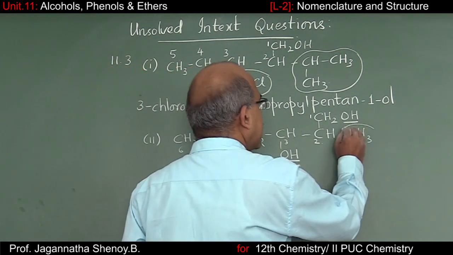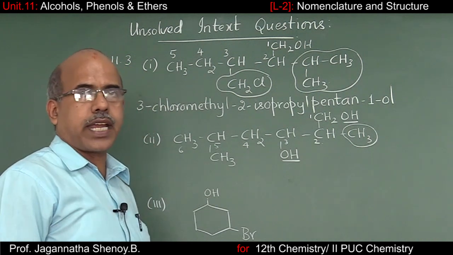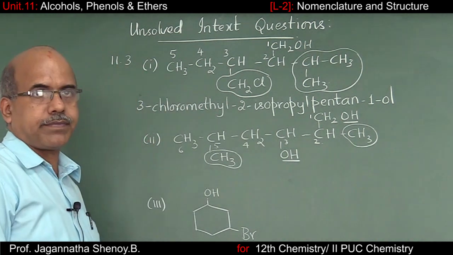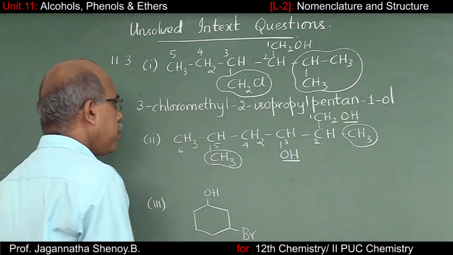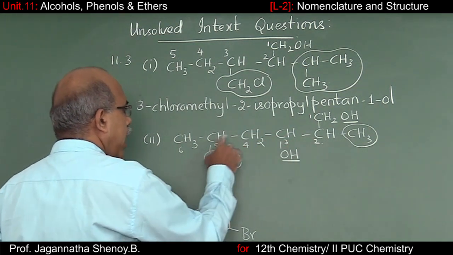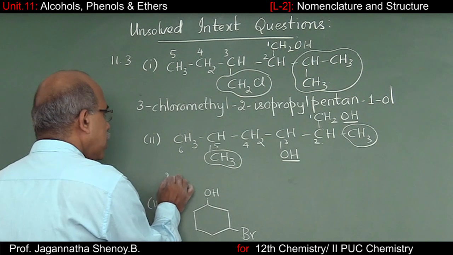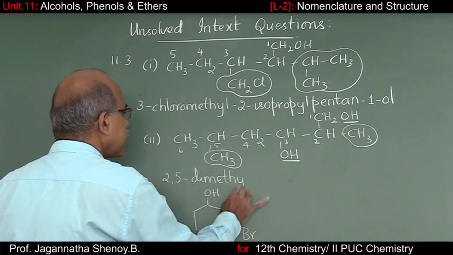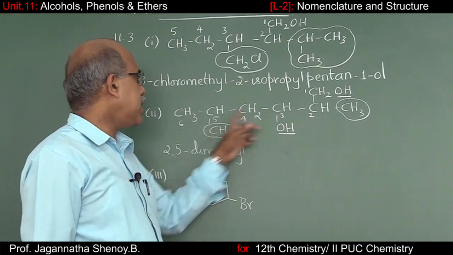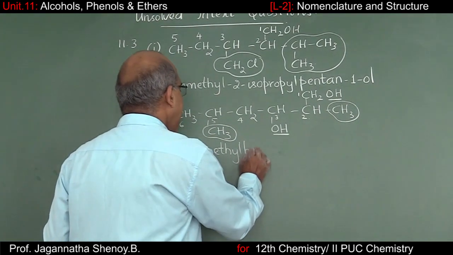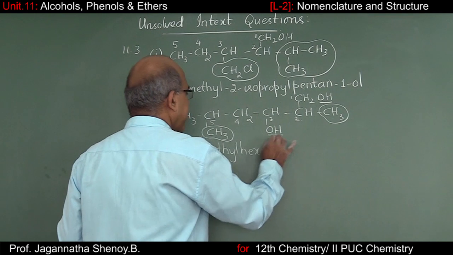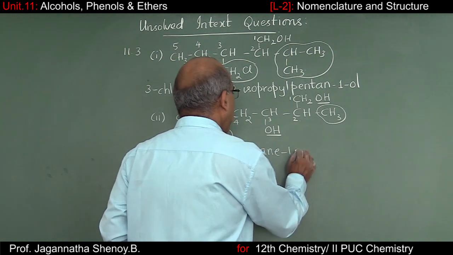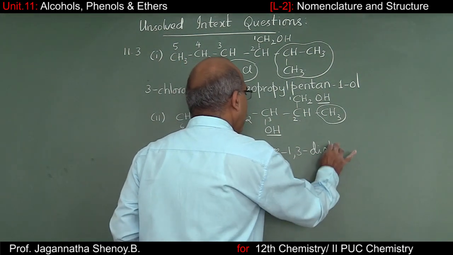If I talk about side chains, methyl side chain on the second carbon atom, and also I have a methyl side chain on the 5th carbon atom. So when we write IUPAC name, you can make out on the second and the 5th we have 2 methyl groups. So I can write as 2,5 dimethyl, and in the main chain 6 carbon atoms, so it has to be hexane, and on the first and the third carbon atom OH groups is a 1,3 diol.